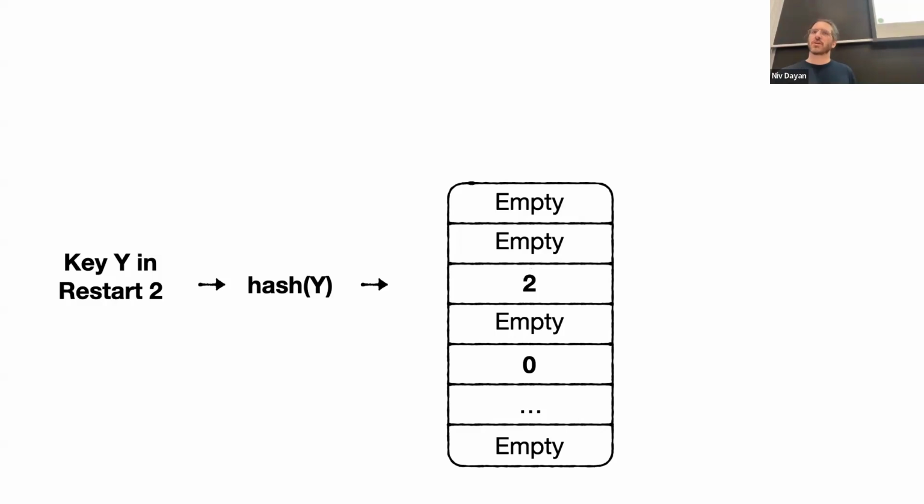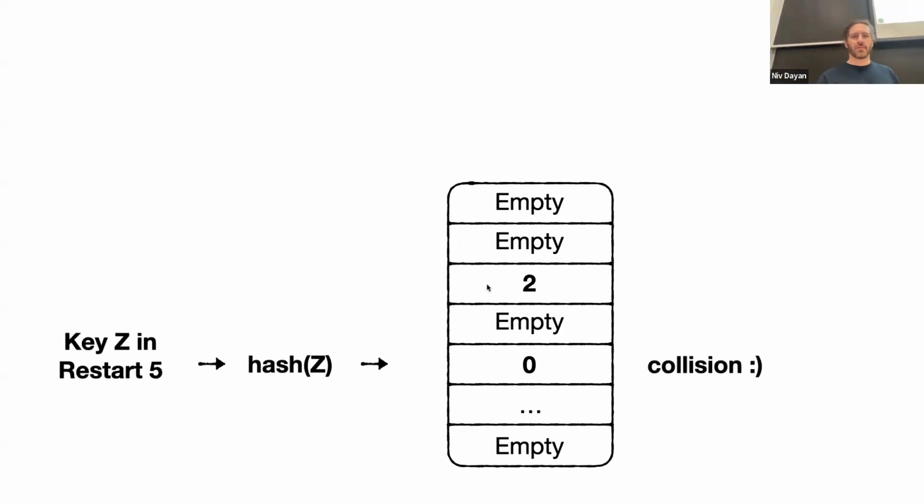Okay, so suppose we now have this. Key Z comes, and it's at restart 5, and that hashes to some slot that is actually occupied. We have a collision. What should we do here?